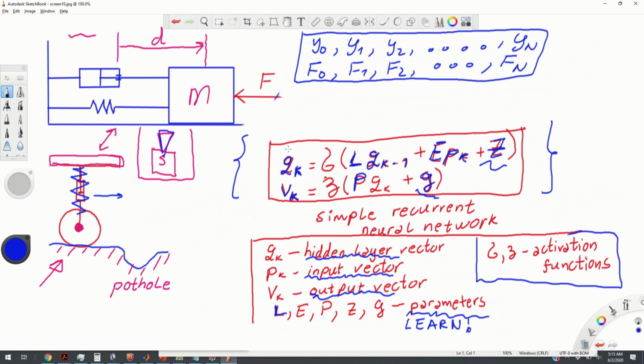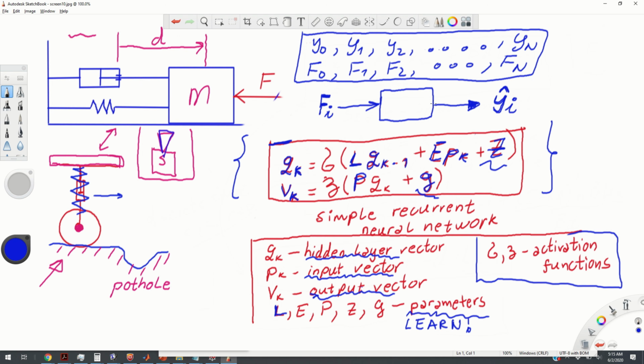So we want to learn the parameters of such a network such that when we present to the network a force F at an arbitrary time instant, let's call it I, our network should produce as accurately as possible the estimate of our displacement d at time instant I or at time instant I plus 1, that doesn't matter.